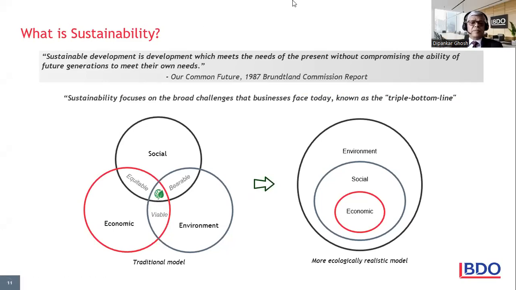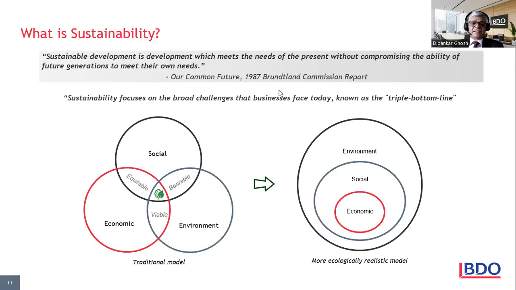And this sustainable development, if you look at the top, the definition mostly accepted, which was created way back in 1987, is development which meets the needs of the present without compromising the ability of future generations to meet their own needs, which means that whatever action we take, we should preserve the environment, and leave our earth to the future generation so that it meets their needs and expectations.